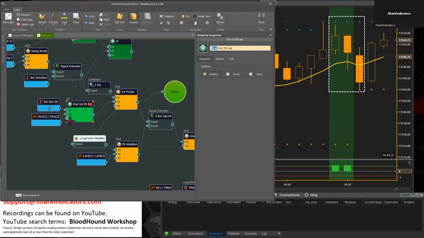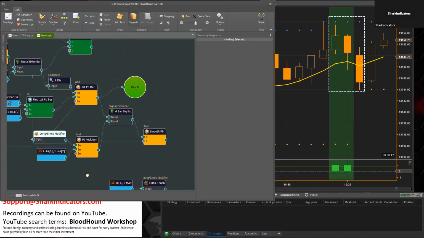Yeah, I'll just keep it like that. All right, so there we go. Now this up bar is recognized as a pullback.